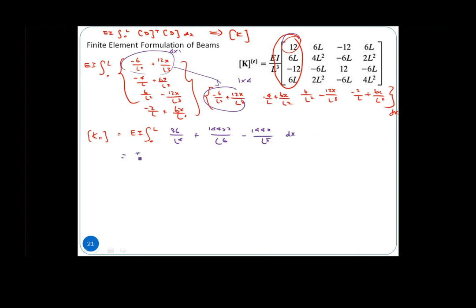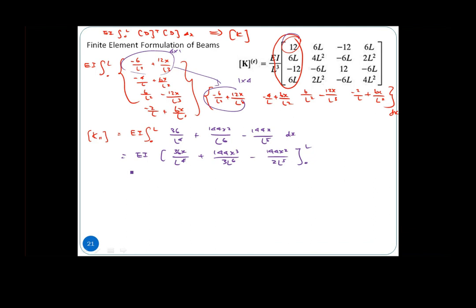So in that case, we can do the integration now. So we have 36x over L power 4 plus 144x cubed over 3L power 6 minus 144x squared over 2L power 5, from 0 to L.